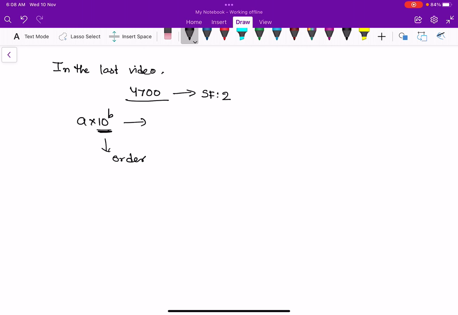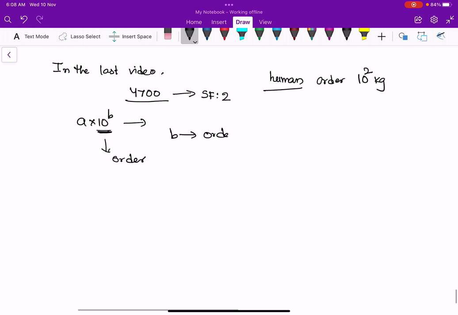Generally, a human being has a mass of the order of 10 power 2 kg, so nearby 100. So b is called the order of magnitude.